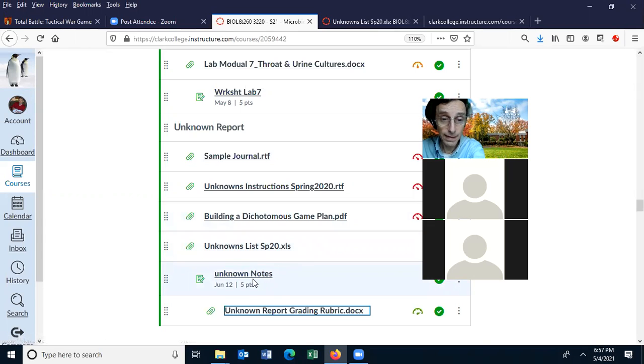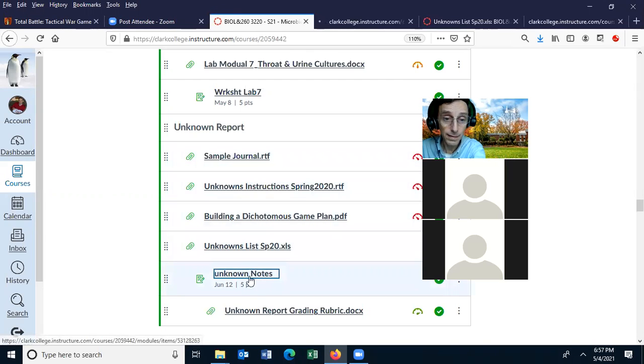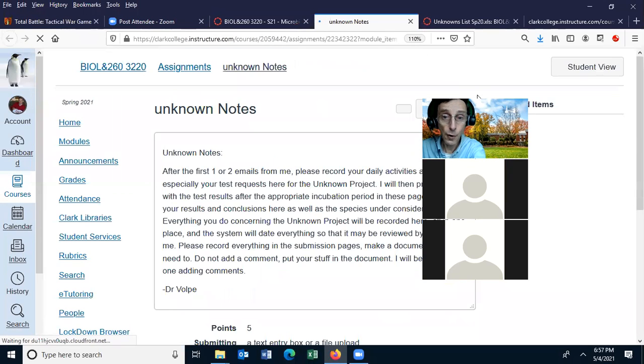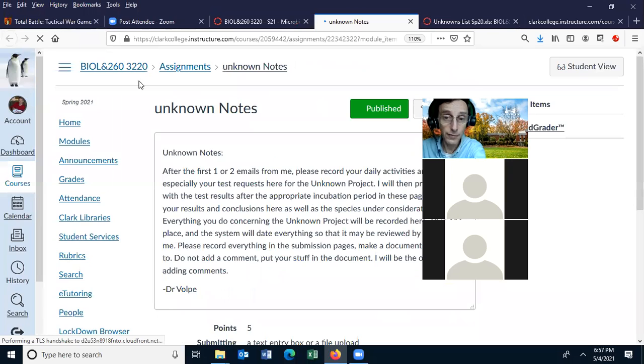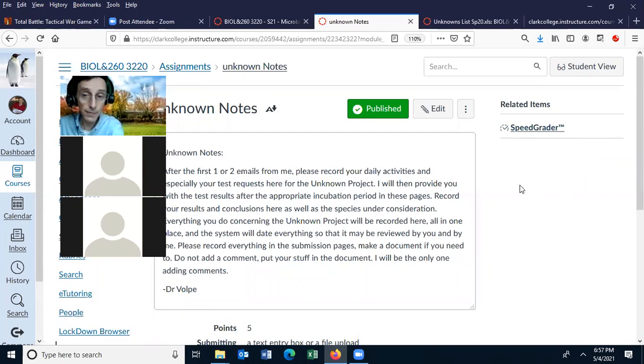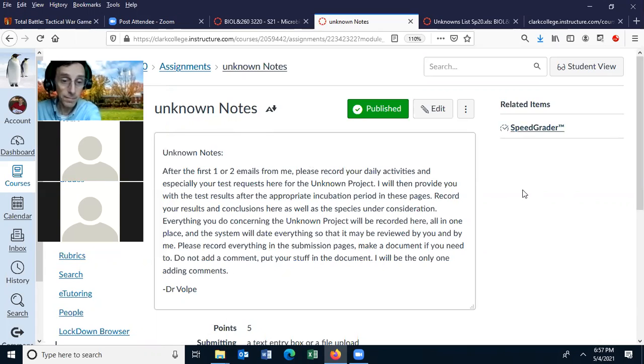And then lastly, you need to write down your unknown notes. I've set up a page for doing that called the Unknown Notes. When you open it, I don't have it because I'm an instructor, but on the right you'll have a link here for detailing your results. Each day, you have a test result that you want to write about.